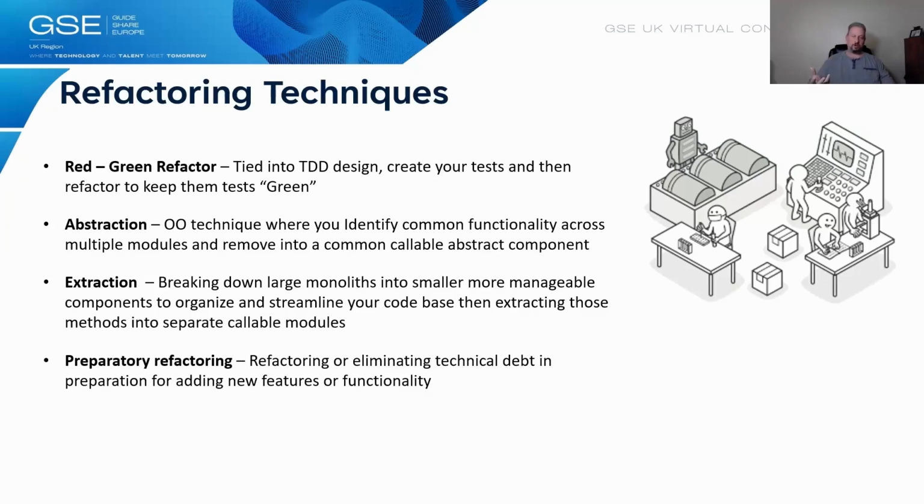I know there's object-oriented COBOL because we're specifically talking about COBOL, but abstraction is more for object-oriented programs. But you could use this same technique by taking common or duplicate code within your application and making it callable modules. So it doesn't have to be a pure OO technique, although if you read about this one online, it's going to give you a lot more of the object-oriented principles than not.